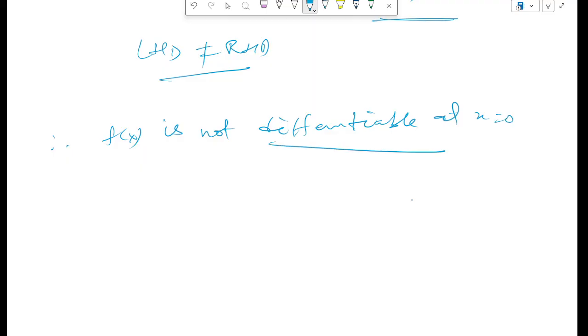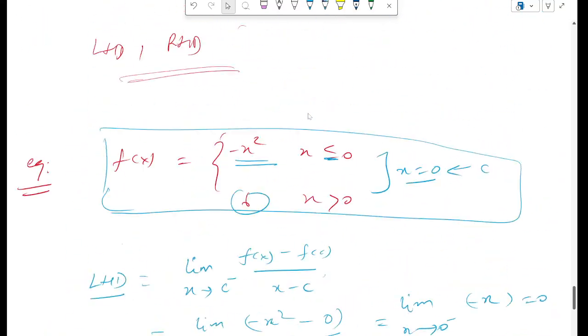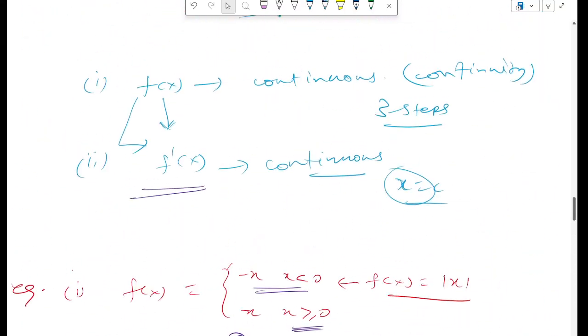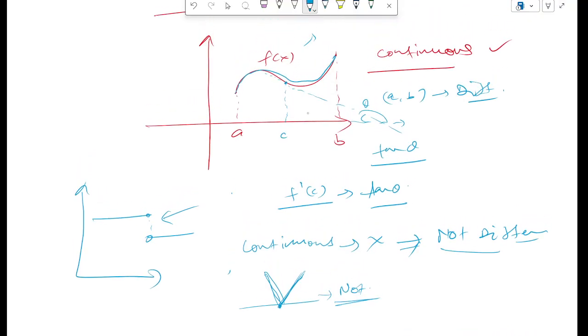So this is how we find or check, this is how we verify whether a function is differentiable at a particular point or not. And intuitively, this is how we understand. This is what I explained at the very beginning, what differentiability means and how we think about it, how we imagine.